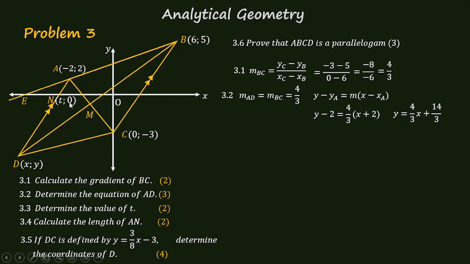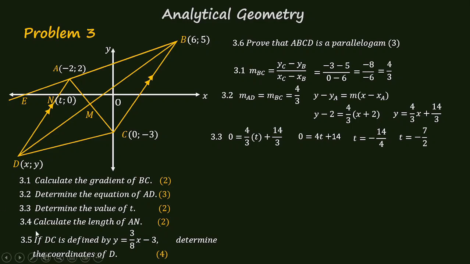So all we can do is substitute these values in the equation of AD, this for the value of x and this for the value of y. And if we simplify that, it gives us t as minus 7 over 2. So the value of t is minus 7 over 2. We simply substituted the point N in the equation of AD because N lies on the straight line AD.